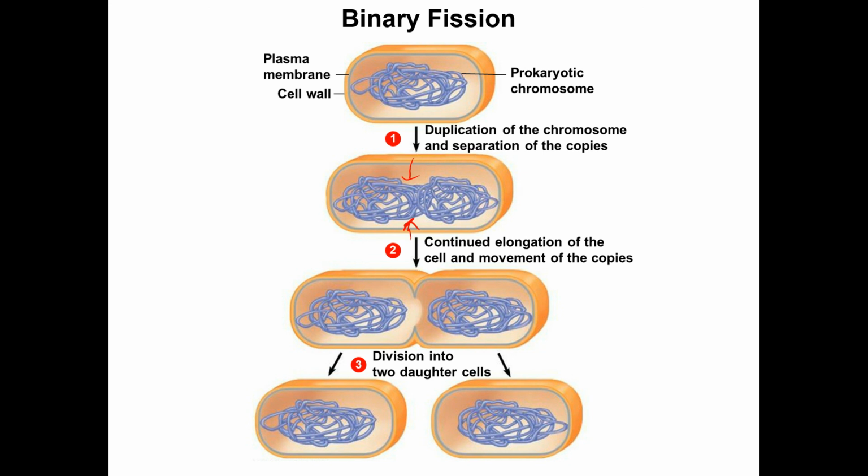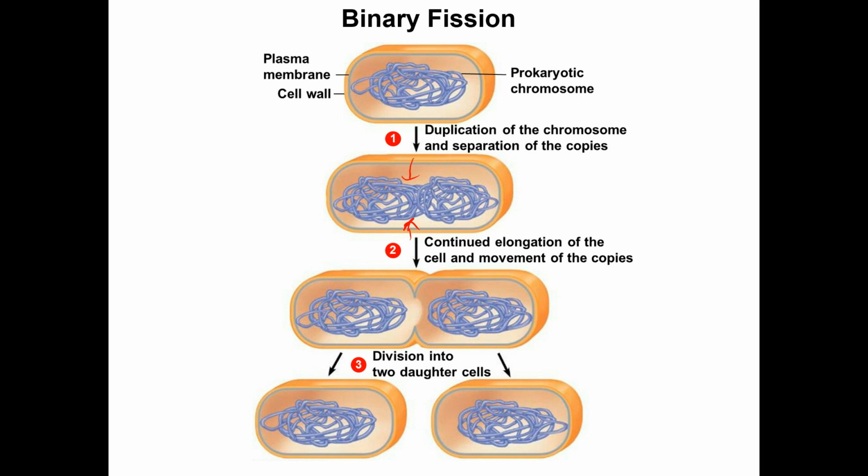This is going to form a physical separation between the two daughter cells. This involves a FtsZ protein, a contractile ring, where these two daughter cells are going to pinch off into two new cells.